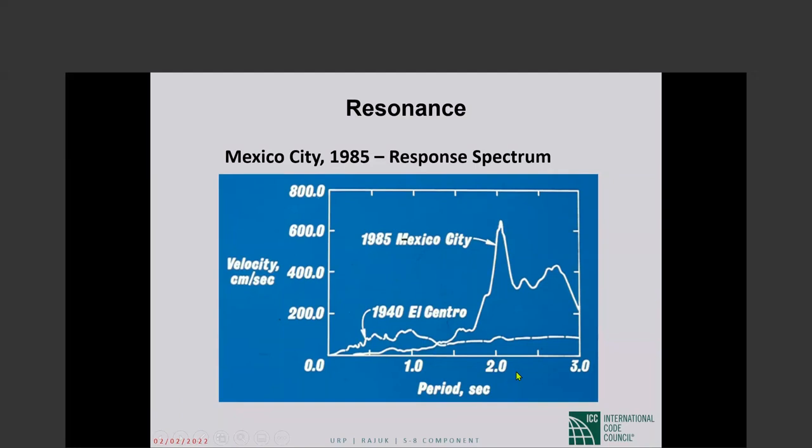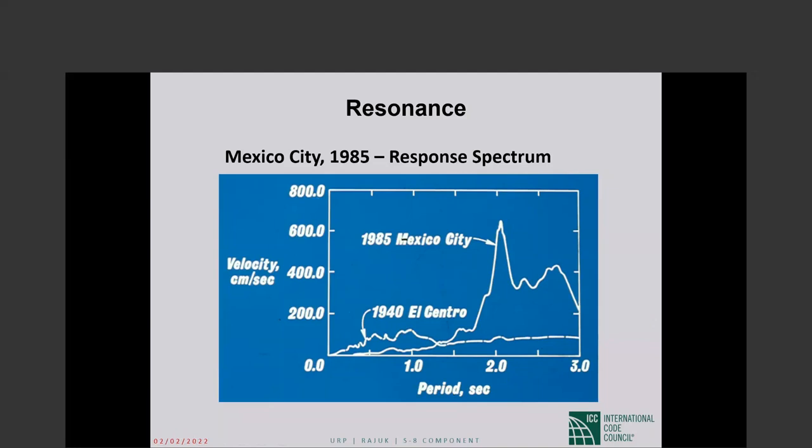That means the predominant period of that ground motion is 2 seconds. Okay, this is to be compared with the velocity response spectrum of the 1940 El Centro earthquake. It doesn't have a distinct peak like this. If there is a peak, it is here at a period of 1 second, okay, just for comparison.